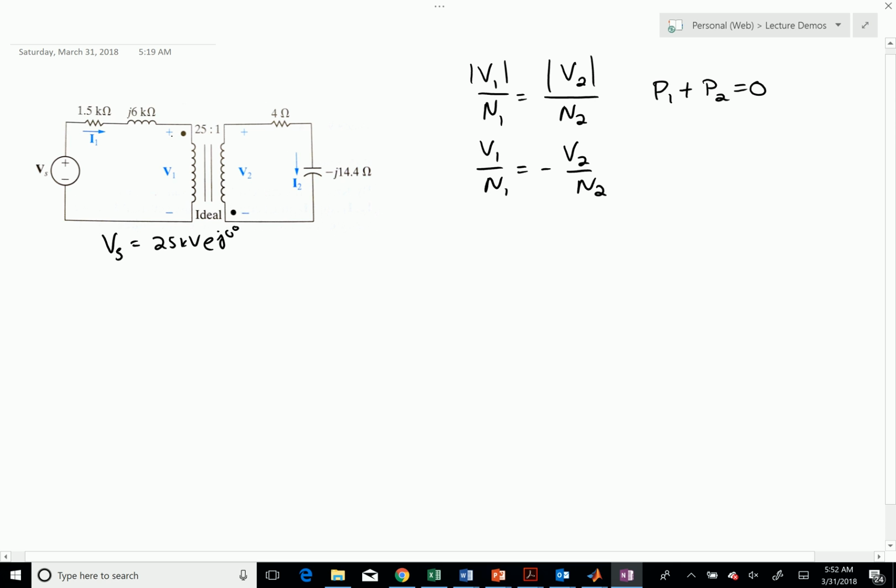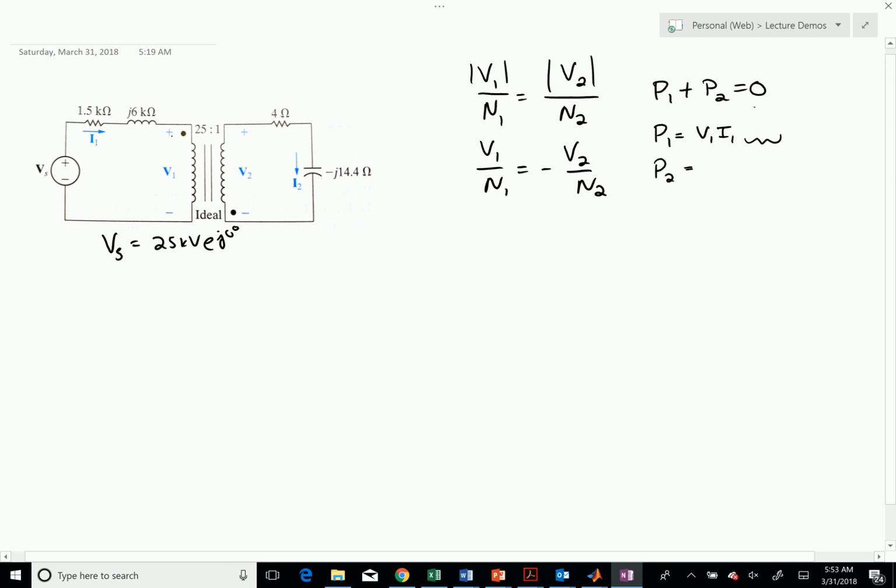and V2. Now, looking at the powers, I see that P1 equals V1 I1. Again, there would be a power factor, but in this relationship, the power factor is always going to be the same for the two sides. P2, in this case, so I wrote P1 as positive because I1 was flowing into the plus sign.